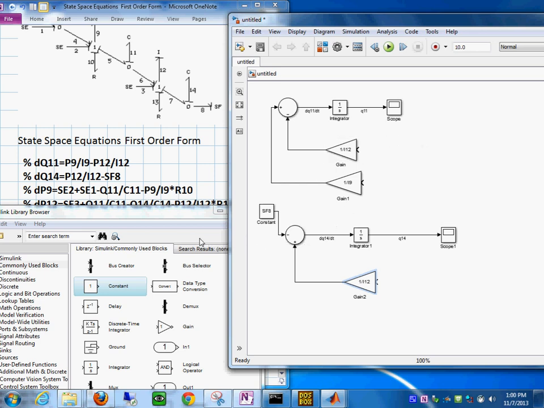So in here we again need a summation point. Also, yeah, we need an integrator, and then we also need a scope.